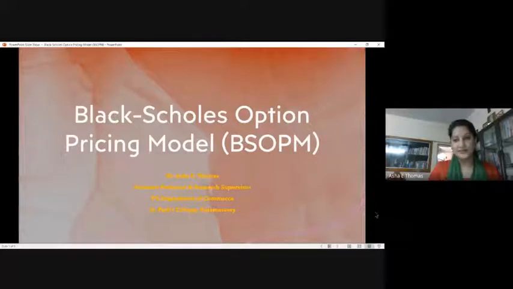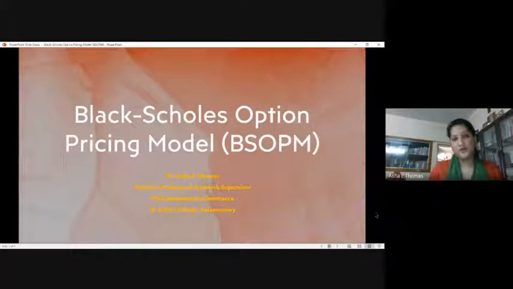Black-Scholes option pricing model, or BSOPM. Here in this Black-Scholes option pricing model, what you have to remember is this is basically a model which is used in computing the theoretical price of an option as an investment option.